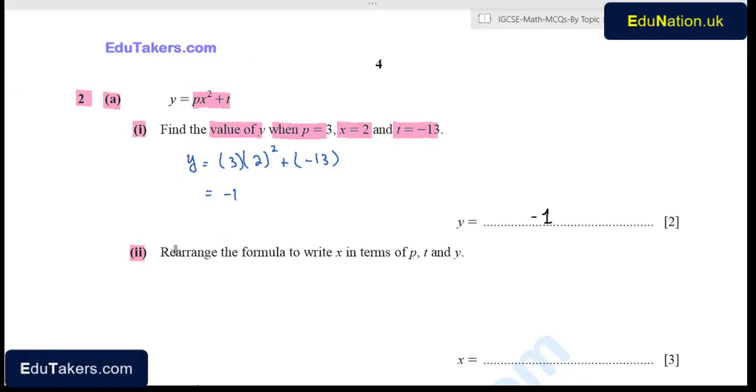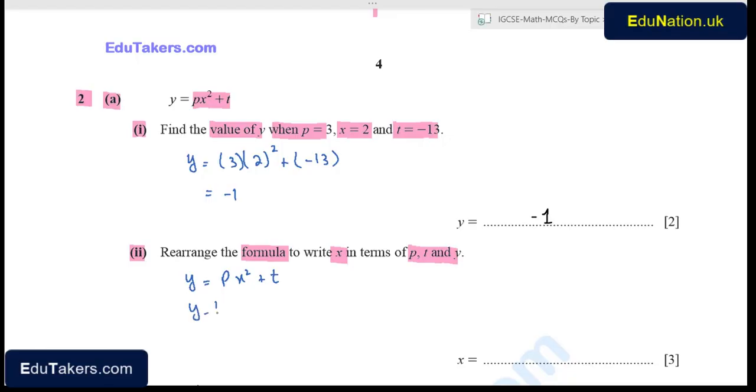The second part is rearrange the formula to write x in terms of p, t and y. y is equal to px squared plus t. We have to write this formula in terms of p, t and y for x.